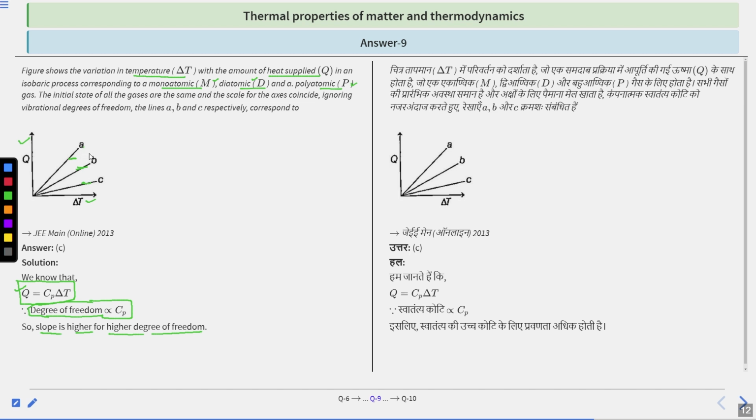Clear? So this is the relation A, B, C. So the correct option is C. Option C is correct. Clear? PMD. This one is the correct relation. Option C is correct. Next question.